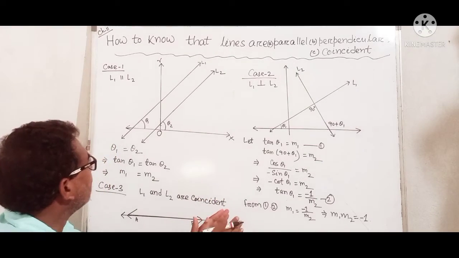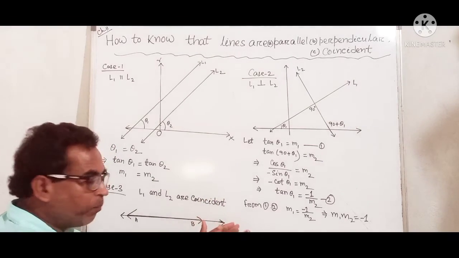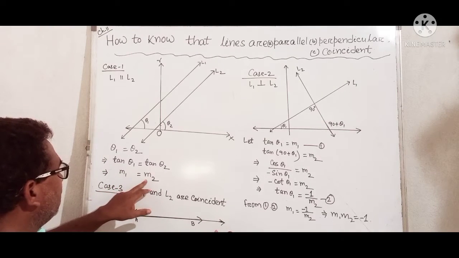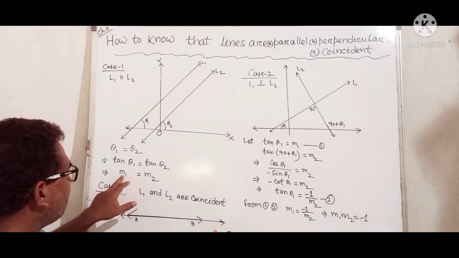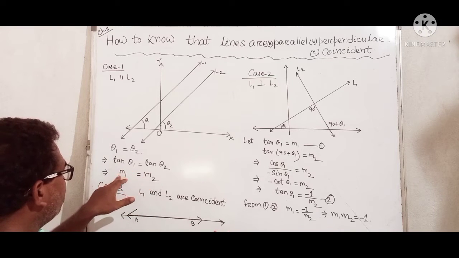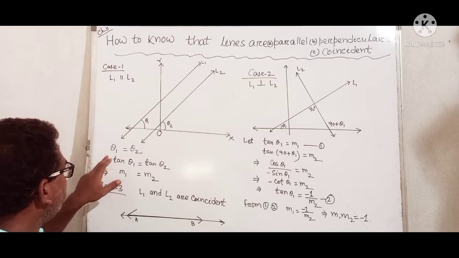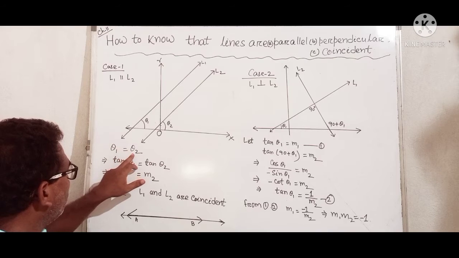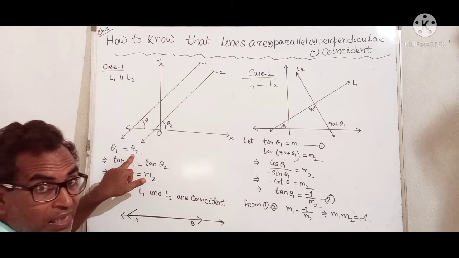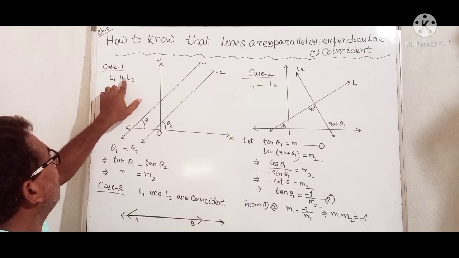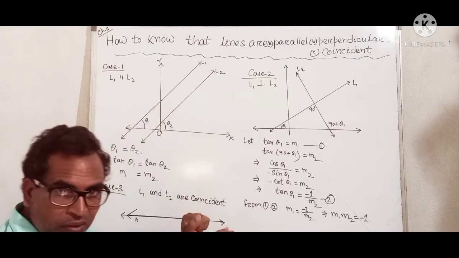Conversely, we can prove that if slopes are equal, that means tan theta 1 is equal to tan theta 2, which implies simply theta 1 is equal to theta 2. That means L1 is parallel to L2.